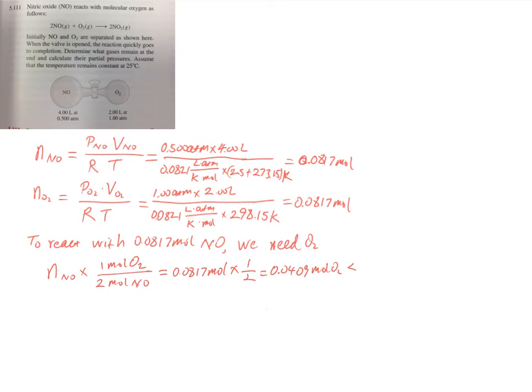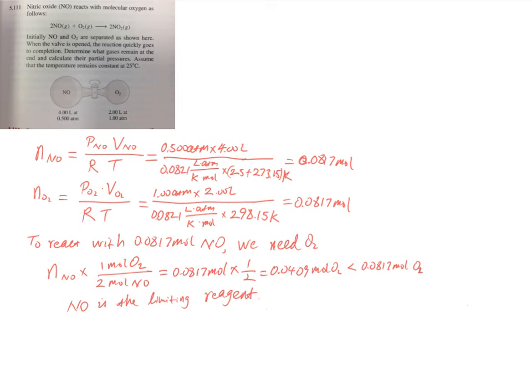This is actually smaller than 0.0817 mole of oxygen that was right here. We have 0.0817 mole of oxygen, and we just need 0.0409 mole of oxygen. Therefore, NO is the limiting reagent. Just write it: NO is the limiting reagent.